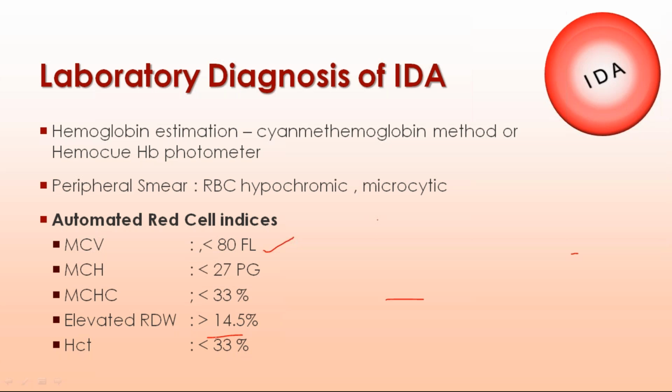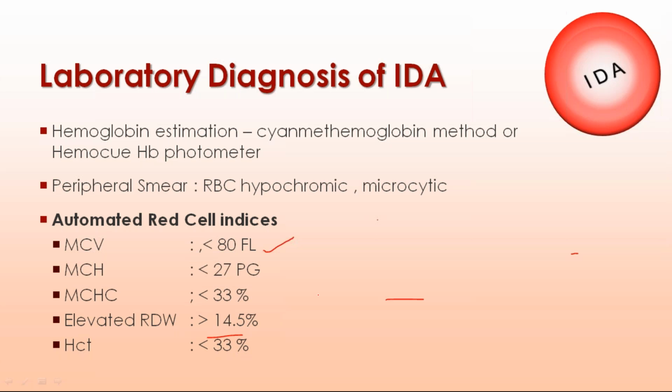That is more than 14.5%, because red cell distribution width is an indirect manifestation of anisocytosis. In iron deficiency anemia, there are microcytes and also various different sizes, not constantly one same size. That is typical of iron deficiency anemia. That's why the distribution width is very high, about 14.5.